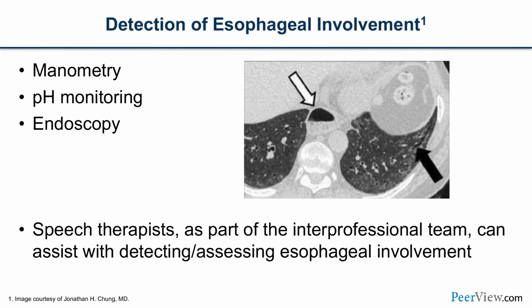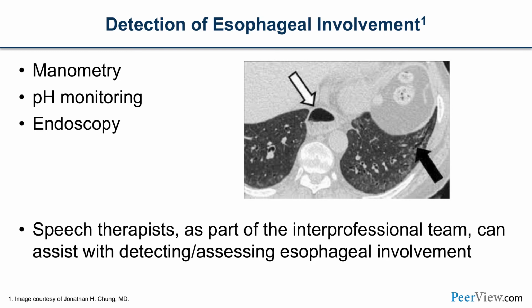So how do we think about evaluating patients for systemic sclerosis for esophageal reflux? Well, that can be evaluated with the help of our gastroenterologists, especially those that can do special procedures such as pH probe monitoring and manometry that can evaluate for reflux and for dysmotility.